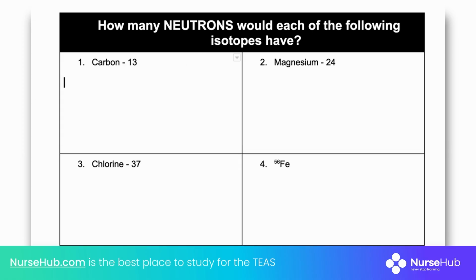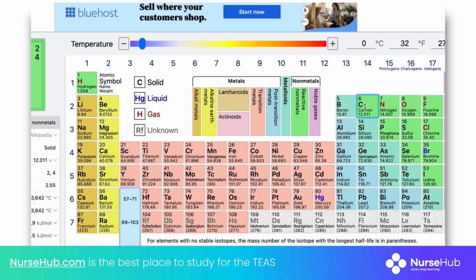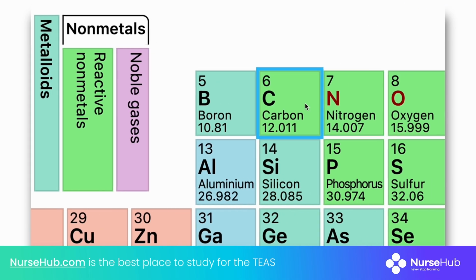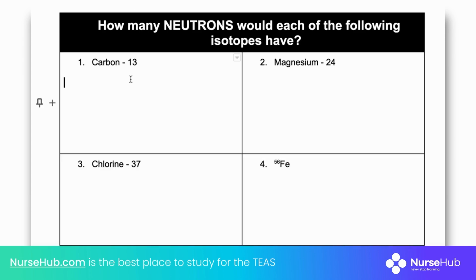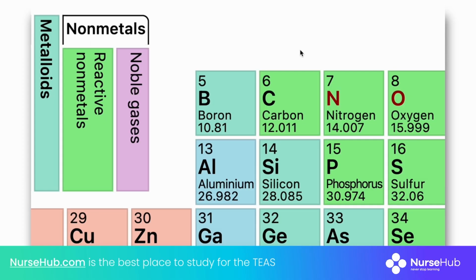So if we want to figure out how many neutrons it has, then we just go to the periodic table and we check out carbon. There it is. And we know the mass of an atom is the total number of protons and the number of neutrons. If we have 2 out of those 3 things, we can find the missing piece. So I just take the mass, 13, and I subtract what I know about carbon from the periodic table.